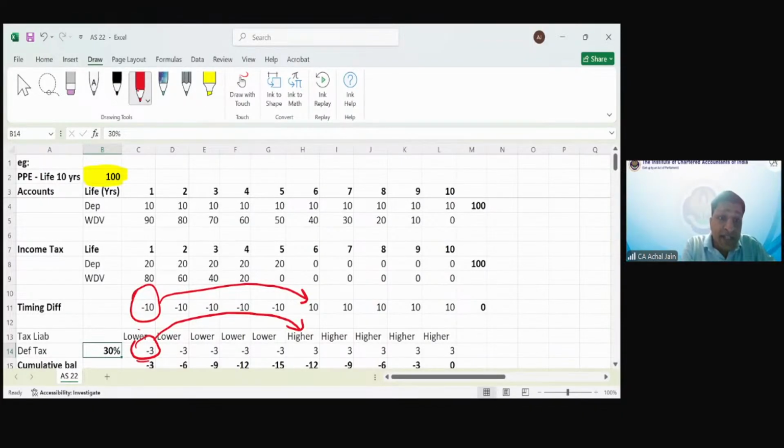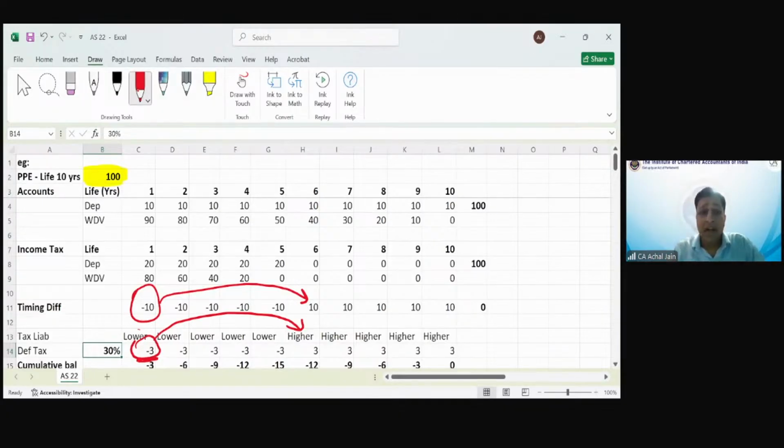This rupees 3 tax liability, which I didn't pay in the first year, I should record that liability as well. Over and above the current tax liability, I should be recording another tax liability, for the tax which I am required to pay in the subsequent years. Why? Because I am required to follow accrual concept.